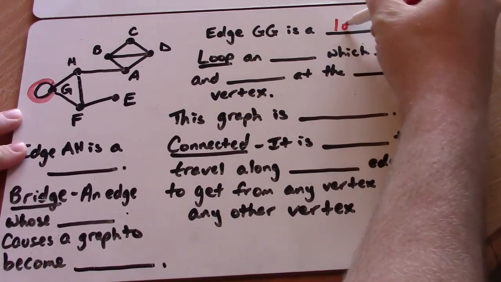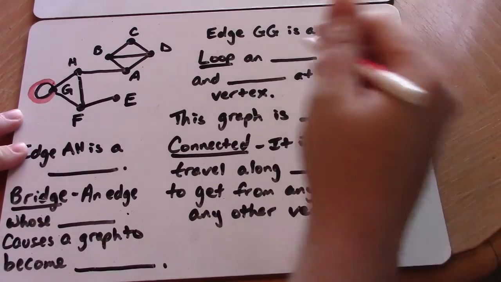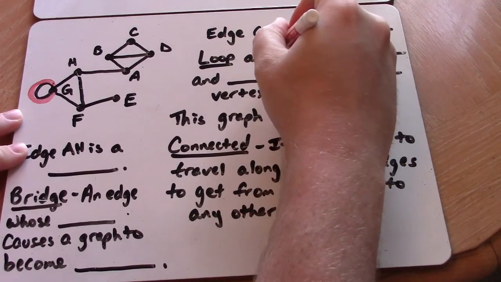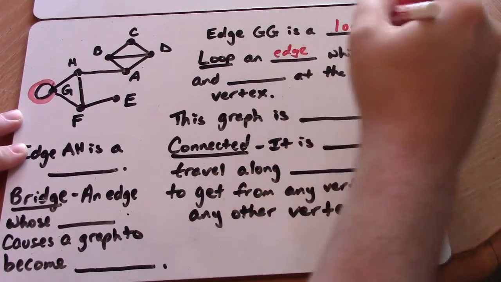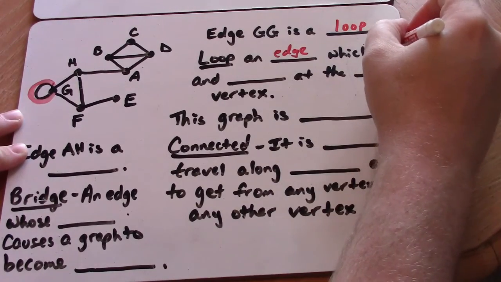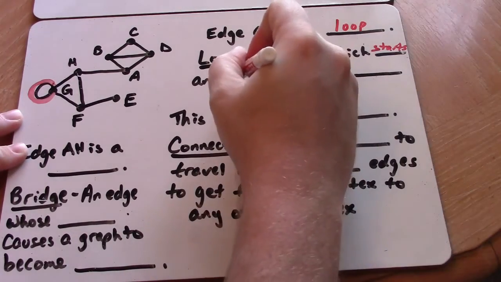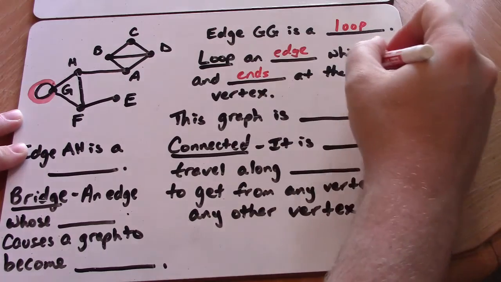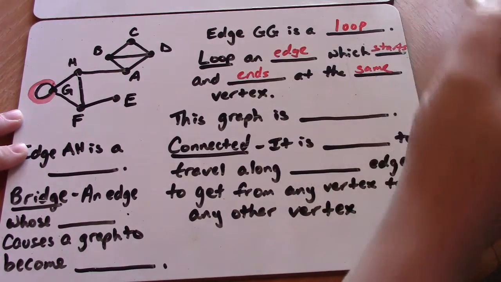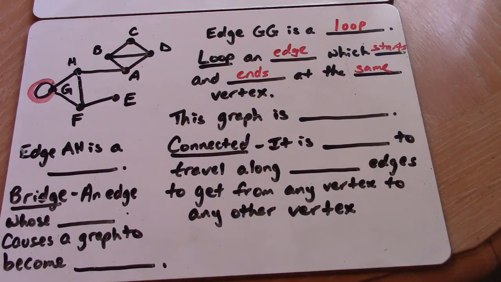A loop is an edge which starts and ends at the same vertex. It is the only loop in this graph. So in order to have a loop, you have to have an edge that starts and ends at the same vertex. You notice that edge starts at G and ends at G.